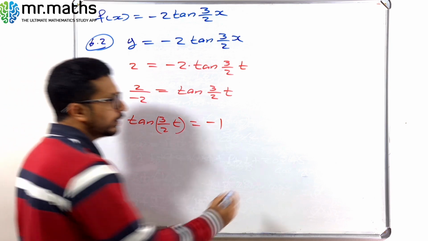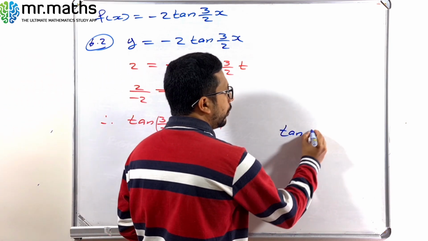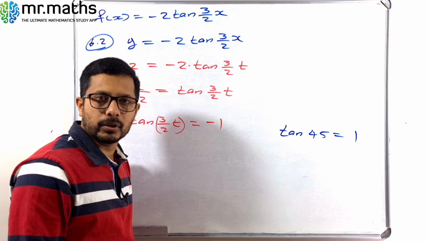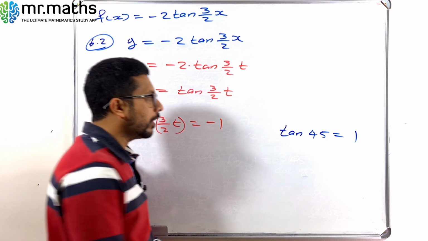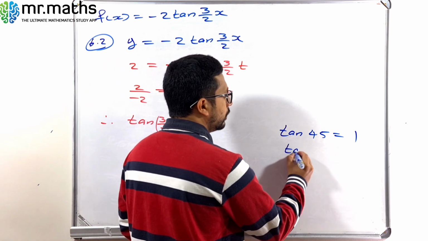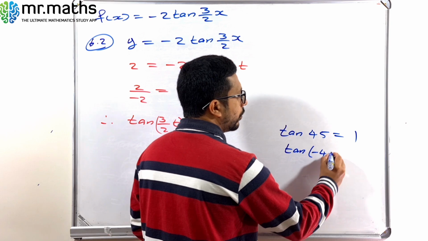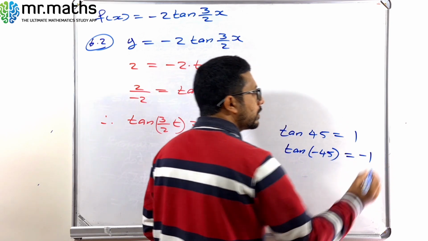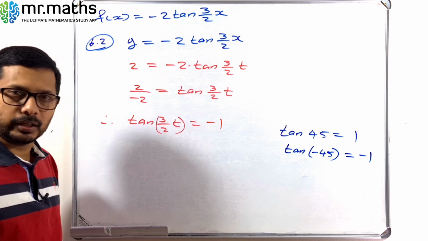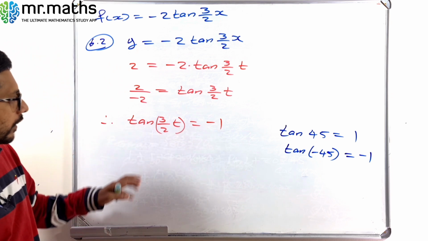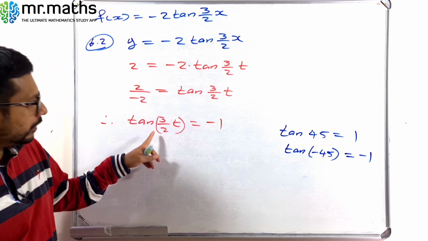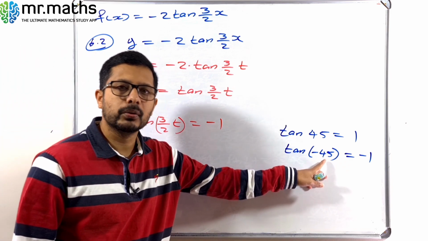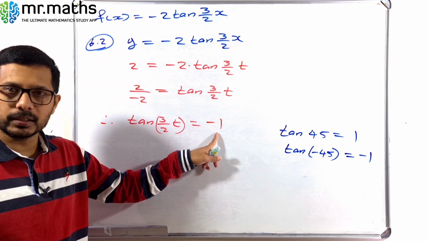You know that tan 45 is 1. Special angle, tan 45 is 1. So what about tan negative 45? Check in your calculator. Tan negative 45, that is minus 1. Am I right? So it means that when this 3 over 2 t is equal to minus 45, the answer is minus 1.